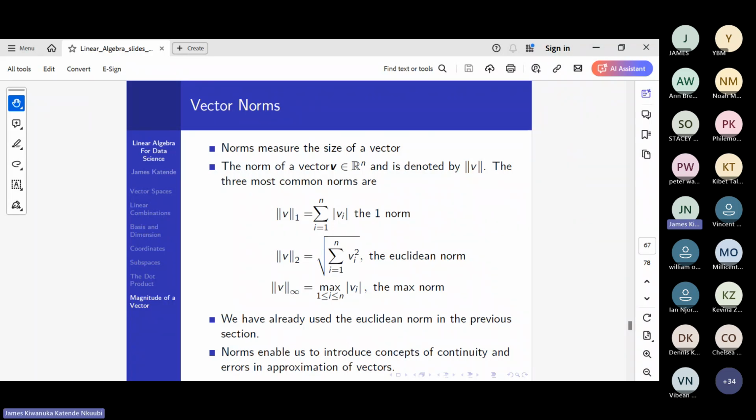Not all the time, but there are situations, especially when you're working with sparse matrices and so on, where this L1 norm turns out to be quite useful. So don't overthink this. When you see norm, just think distance, or magnitude, if you like. I think magnitude is more appropriate.